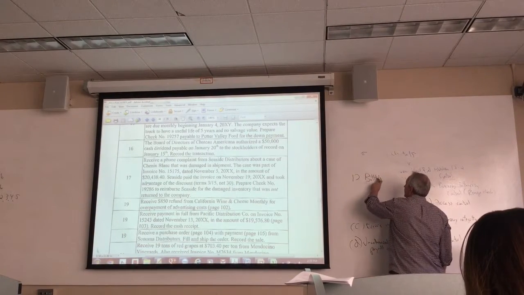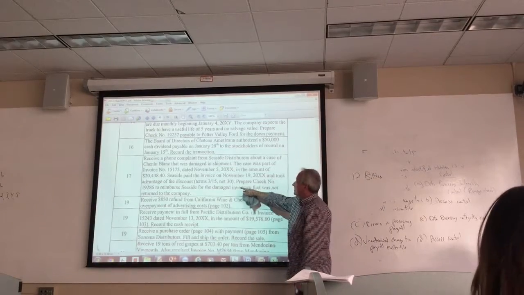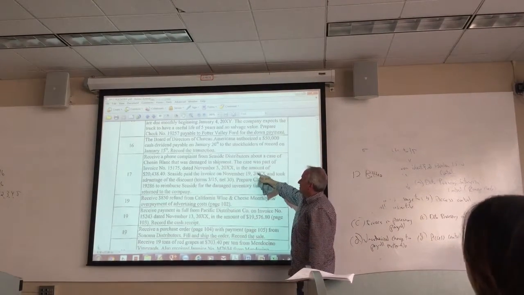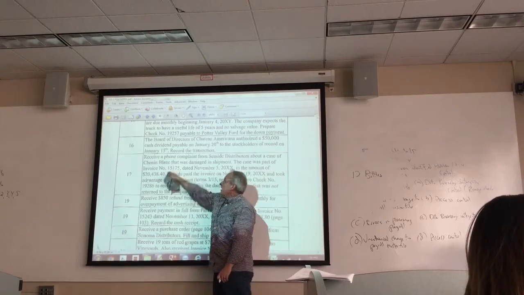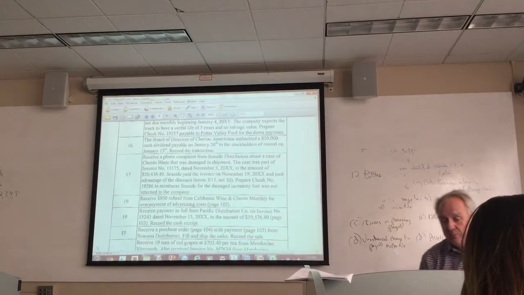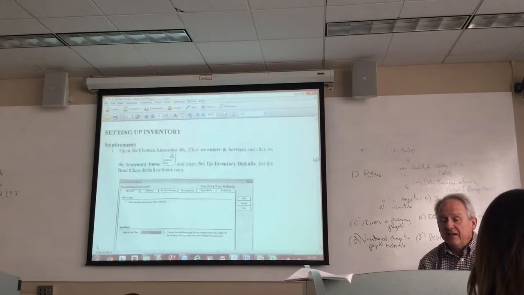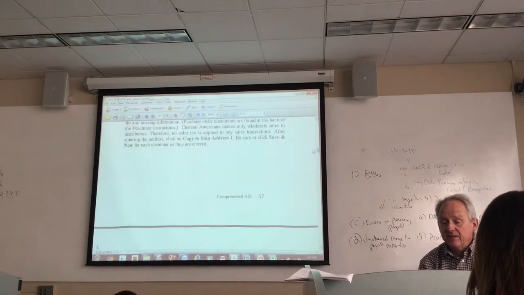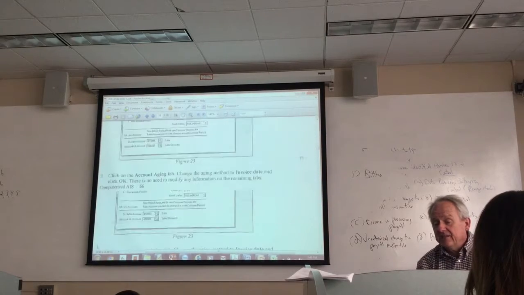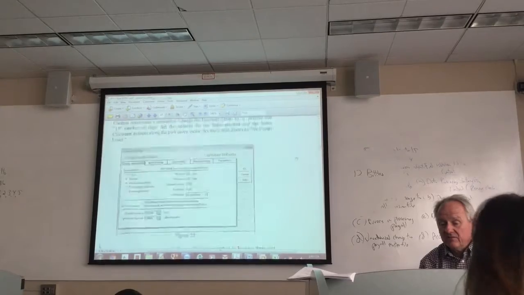And now I gotta look up what was the selling price of this special wine, Chenin Blanc. Somewhere it tells me that of all the wine, the only one that broke was Chenin Blanc. So I go back into my transaction setup, and I remember that I set up inventory, and that in transaction set A, inventory is this way.